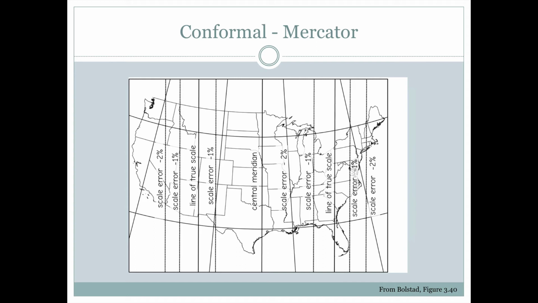We see that on the left-hand side and the right-hand side. The line of true scale is running through western Pennsylvania and Florida on the right-hand side, and through New Mexico and Montana on the left-hand side. The distortion would increase towards the middle of the map, and it would also, once again, increase away towards the sides.